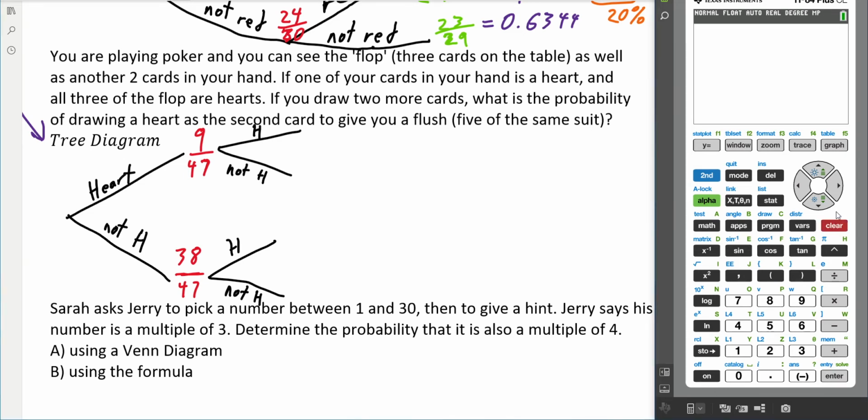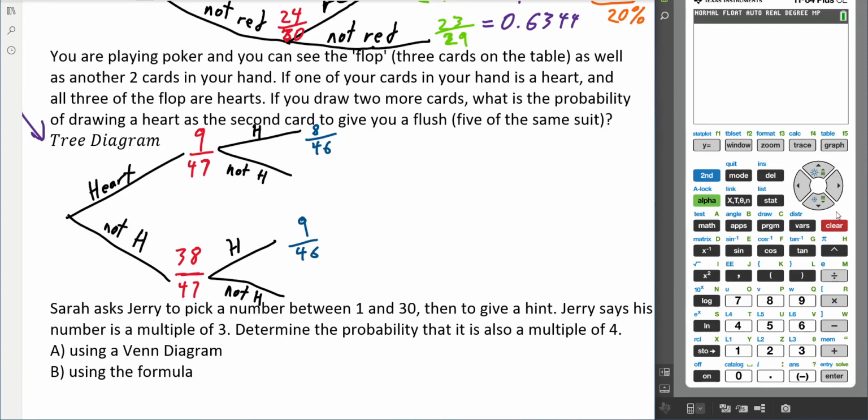So what we should do now is find the hearts. So the probability of getting hearts for the second time. Now we've dropped another card, so we're at 46 cards. And so those are the 2 probabilities.